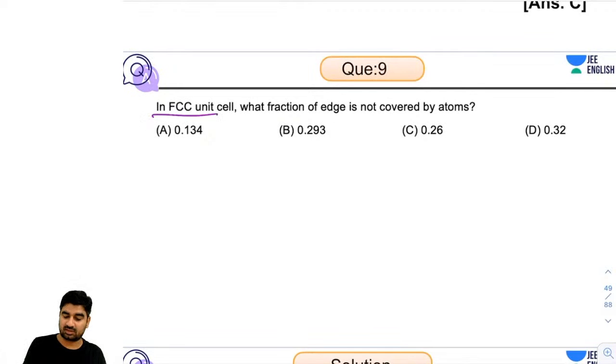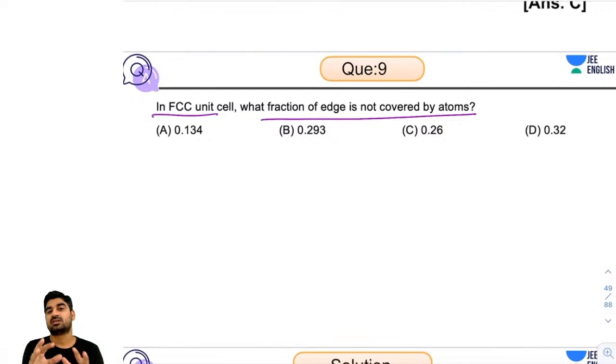In FCC unit cell, what fraction of edge is not covered by the atoms? Yes, tell me, guys.